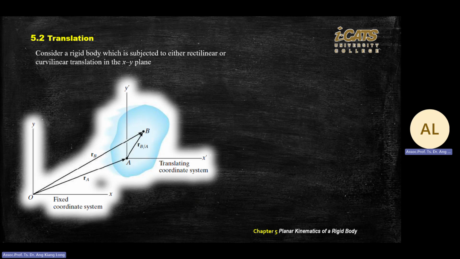In this case, on the slide here, you have point A and point B. You can imagine A is your feet, B is your head. If the reference point, your eyes at O, look at A, then you have R sub A. You have a distance from the fixed point O to point A, and you label it as vector R sub A. Same if you look from the fixed system O, the origin, to point B, then you label it as distance R sub B.